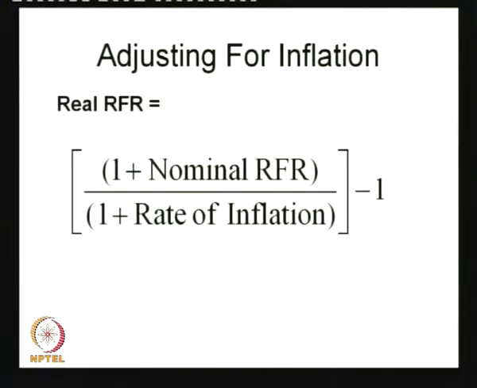There is a simple formula here, where we say real RFR is nothing but 1 plus nominal RFR in the numerator, divided by 1 plus the rate of inflation, minus 1.